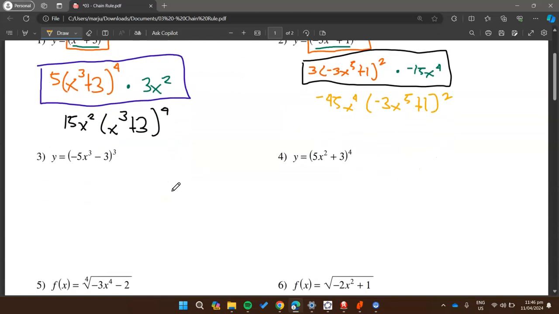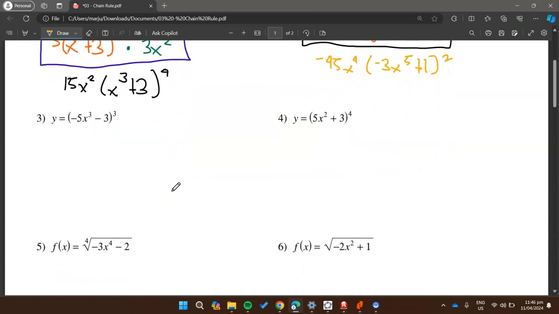Let's do 2 more examples. Number 3. Again, get the derivative of the entire function. We have 3 times negative 5x cubed minus 3 raised to 2. Multiply it by the derivative of the inner function, negative 15x squared.